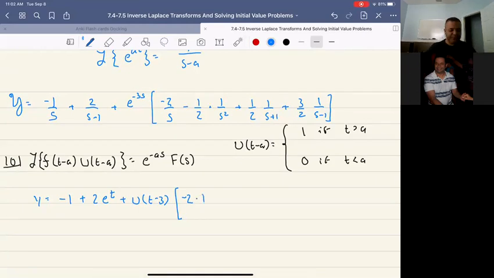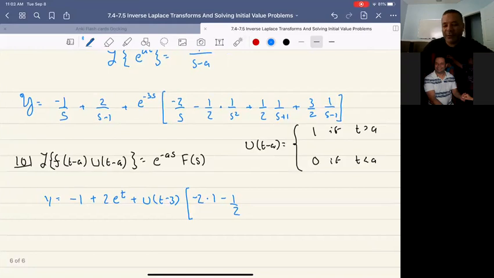Minus 1/2 times the inverse Laplace transform of 1 over s squared, which is t, but we're going to have this minus a. Plus 1/2 times e to the negative, instead of t, t minus 3.